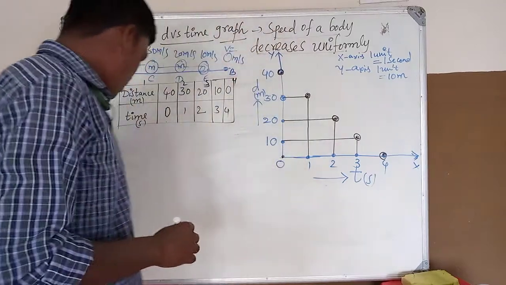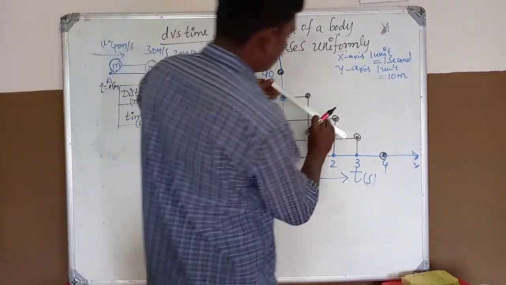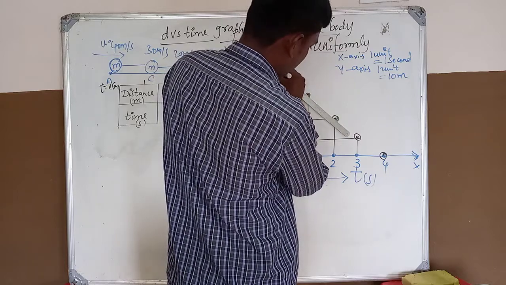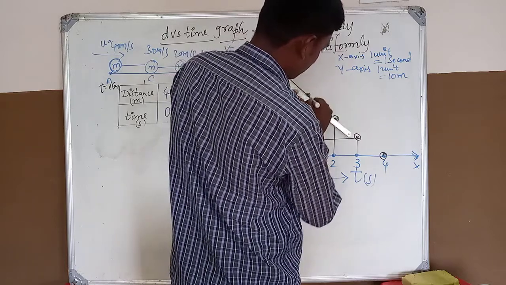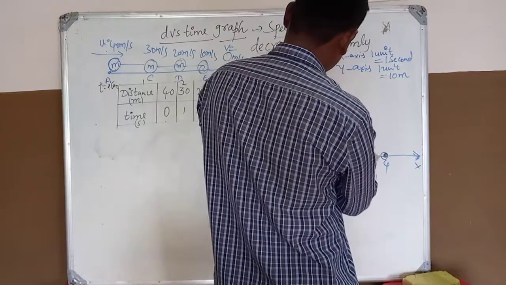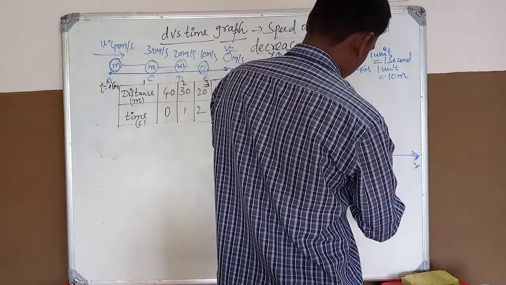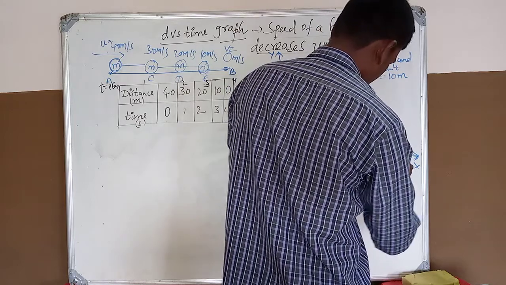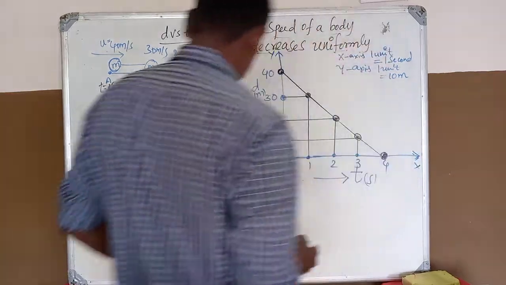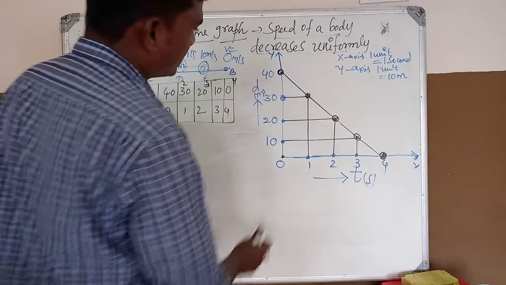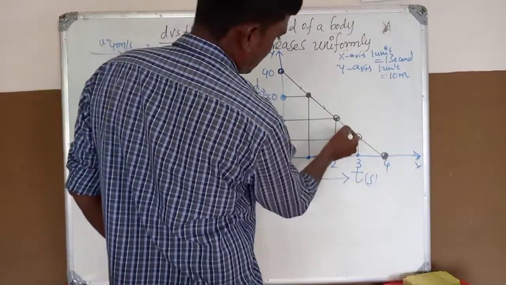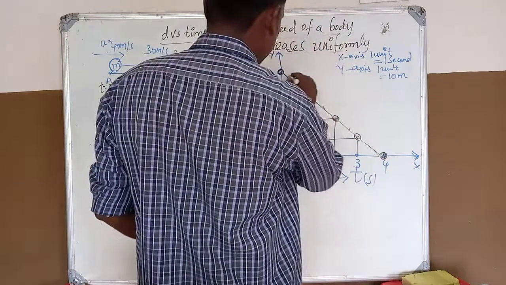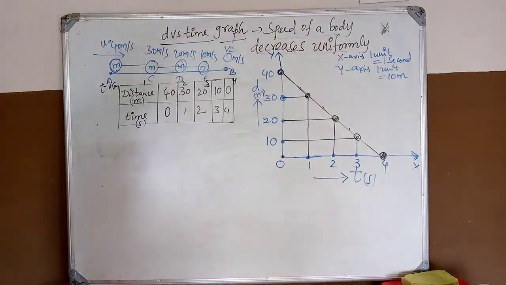Okay. So now we add all these things. Here we are observing that the graph is a straight line, but it is going downward.